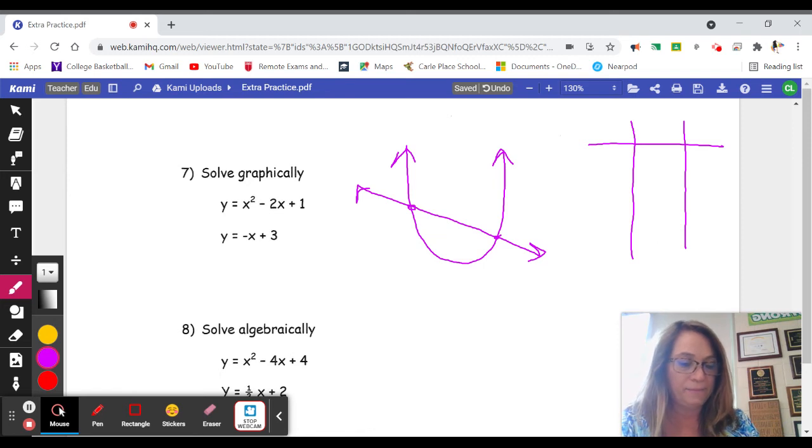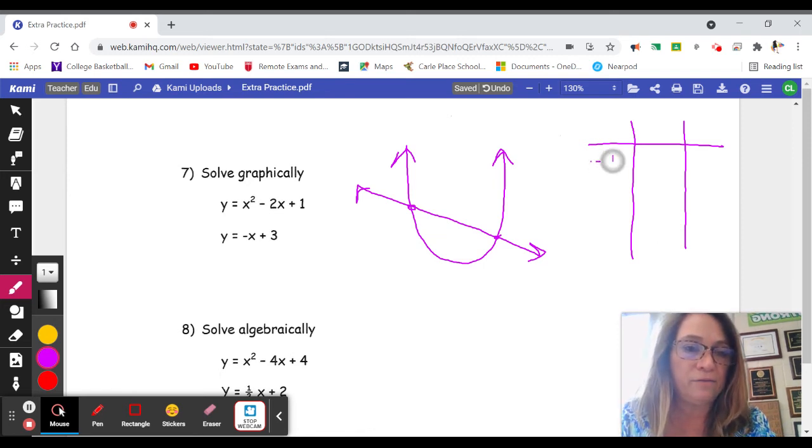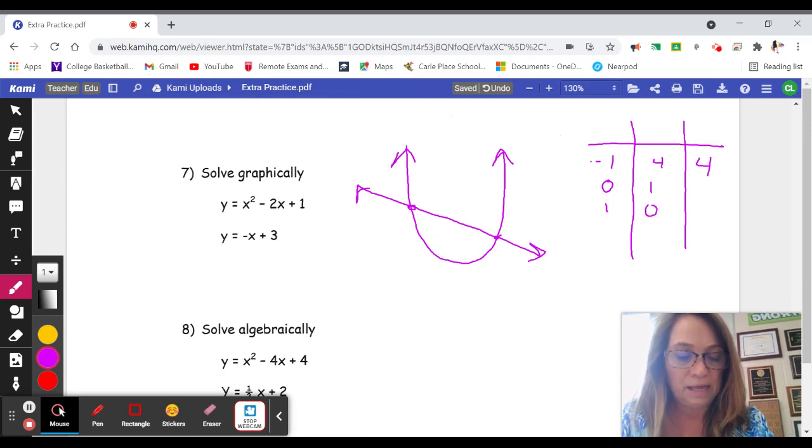Let's just say I'm going to go from negative 1, and this is 4, 4. And I'm going to do 0, 1. And I'm going to do 1, 0. And I'm going to do 2, 1. And I'm going to do 3, 4. This is a point of intersection because it's shared.